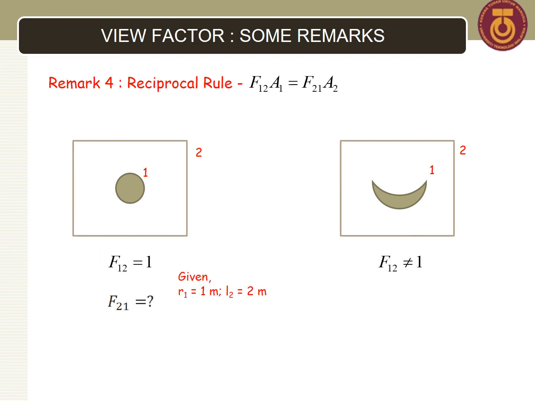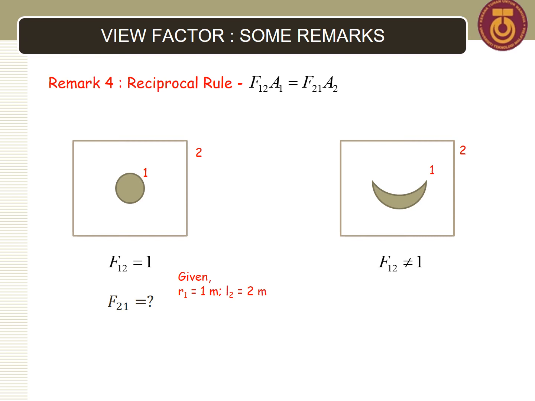And now let's see an example of how we can apply this reciprocal rule in determining view factor. Let's see the diagram on the left side. So we have two surfaces. Surface 1 is a convex surface, and surface number 1 is inside of surface number 2.